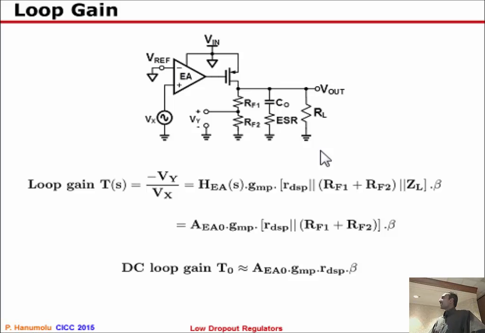So loop gain is simply defined as negative, the excitation is Vx here, minus Vy over Vx, and one can easily calculate this to be the product of the gain of the transfunction here and the gain of the output stage as shown here.